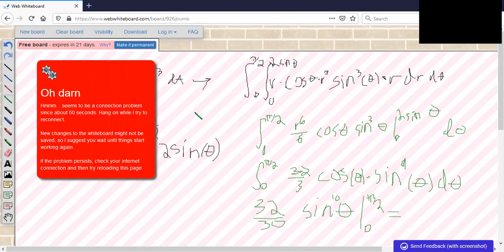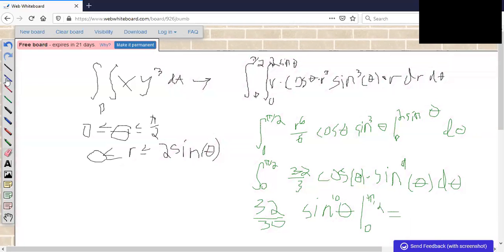If we just look at what happens when I plug in 0 and pi over 2, something really easy happens: sine of pi over 2 is just 1, sine of 0 is 0, so we just have 32 over 30, job done, or more specifically, 16 over 15 as our final area.